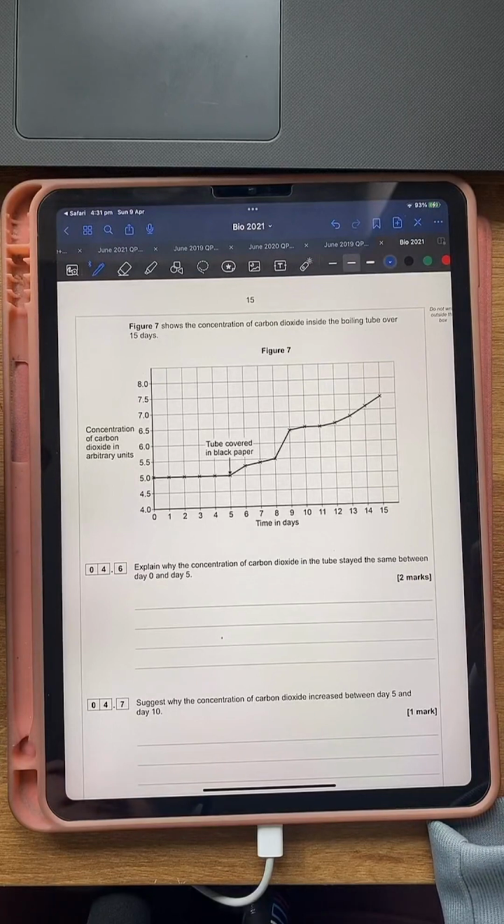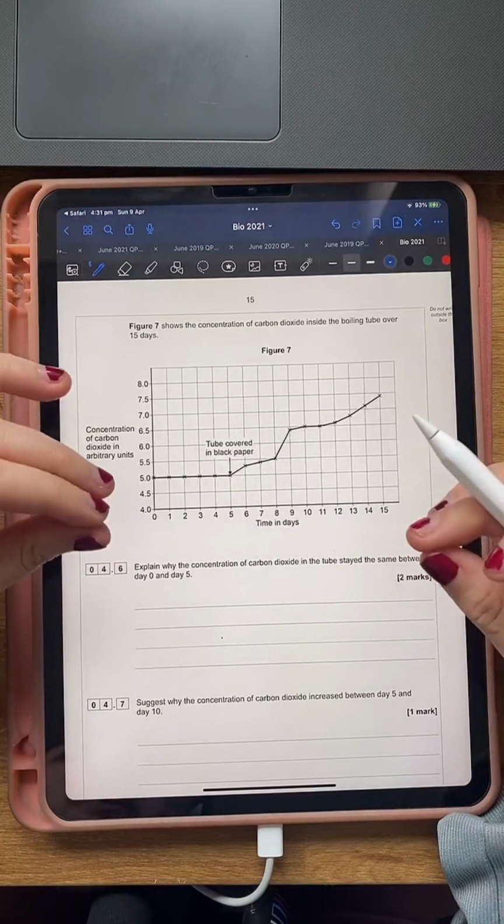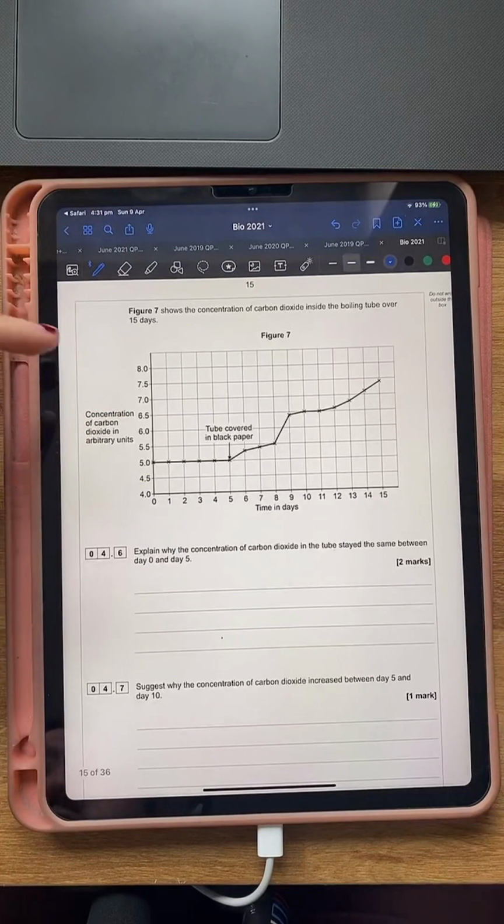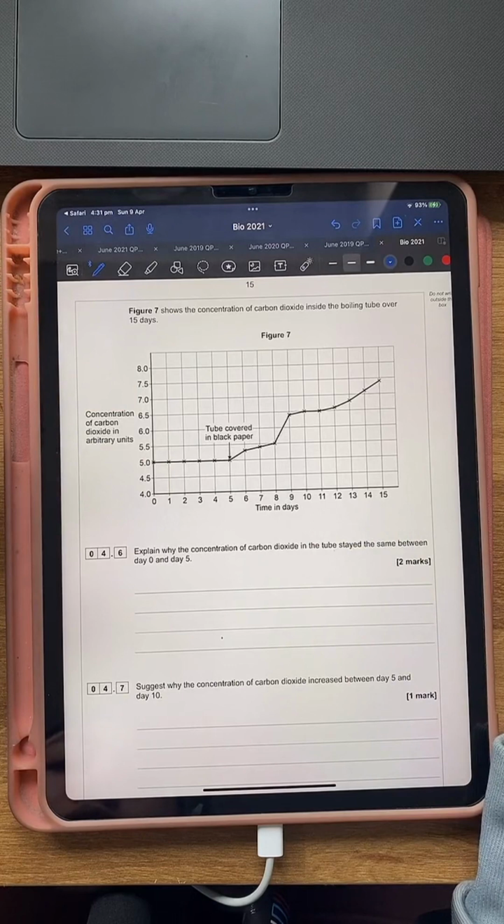Okay, this one, you need to give values. Please make sure you actually input your values in here. So we're given a graph and they want us to talk about whatever's happening. So if they say use the diagram, use the figure, always put the values. Okay, explain why the concentration stayed the same between day 0 and day 5. Yeah, there's no exposure to light, so there's no photosynthesis. What was happening day 0, day 5?